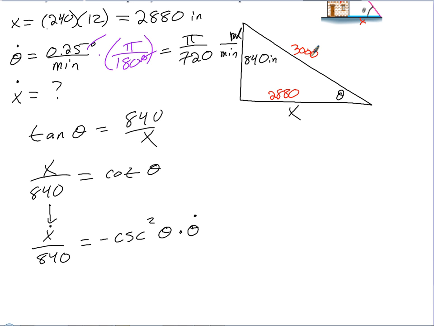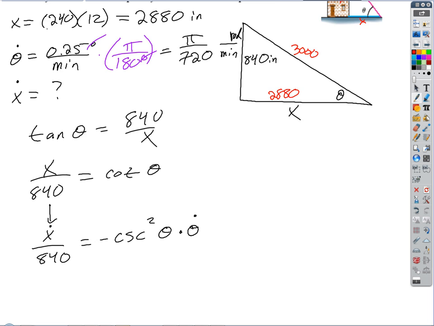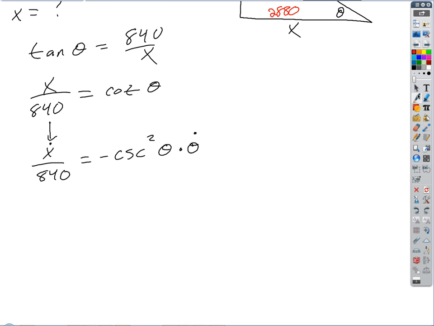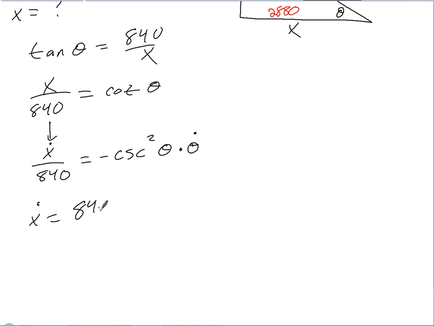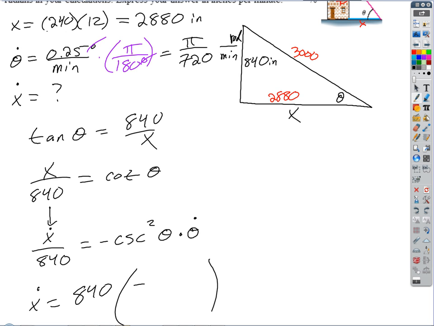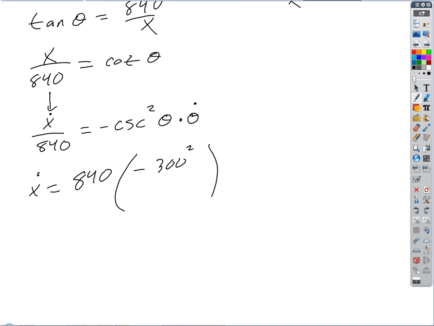Okay, so then we end up with, if we solve for x dot, we get 840 times negative, what did we say it was, 300 over squared over, wait, what happened to the cosecant?